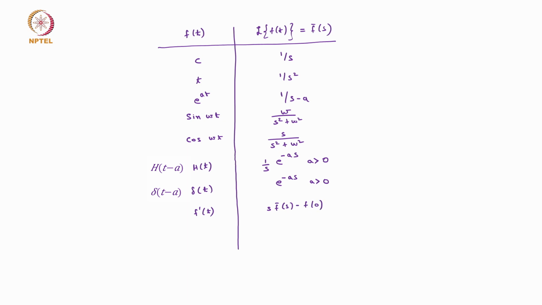Similarly, I can also write the Laplace for the second derivative f double dash of t, which is the second derivative of the function f of t, is given as s square times f of s minus s times f of 0 minus the derivative evaluated at time t equal to 0.